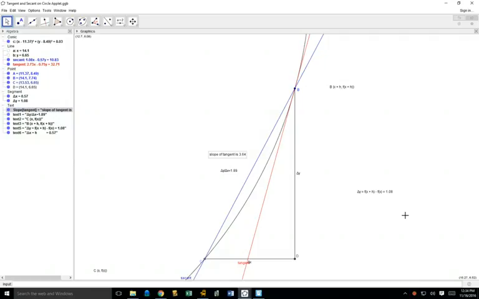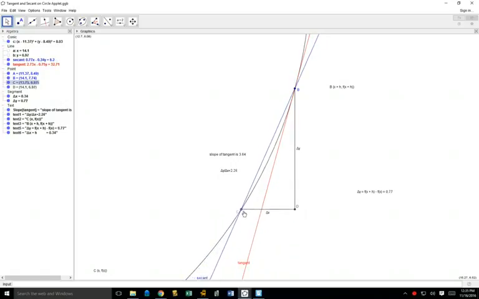The slope of this blue line right now is 1.89. As I take this point C and move it across, the red line stays at 3.64, and it's small, so I'll read it to you. It's at 2.5.